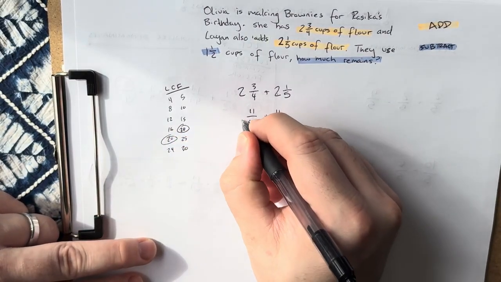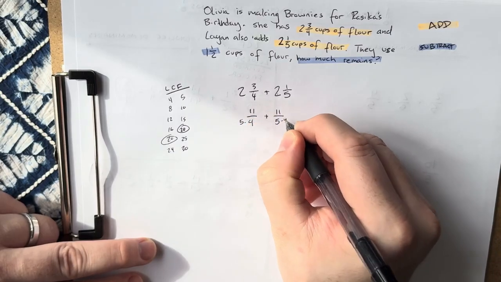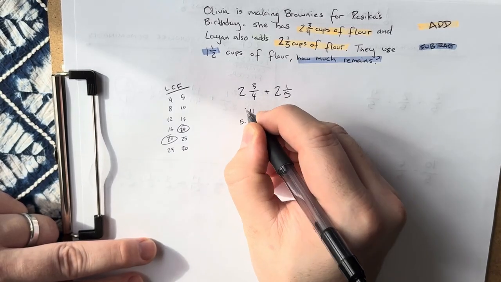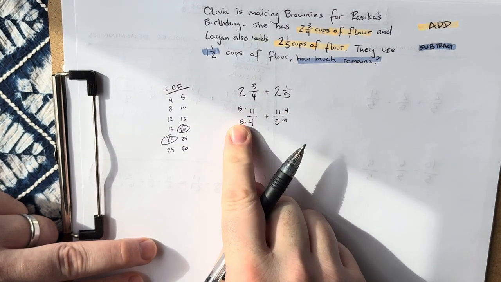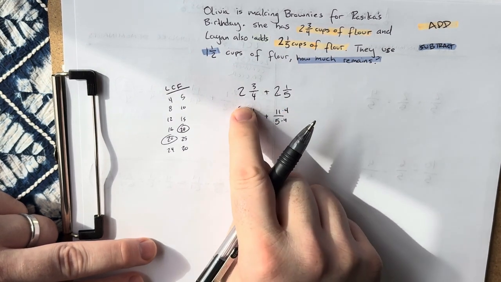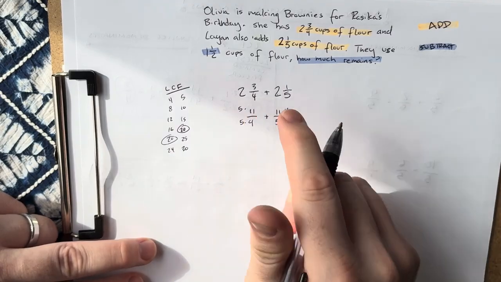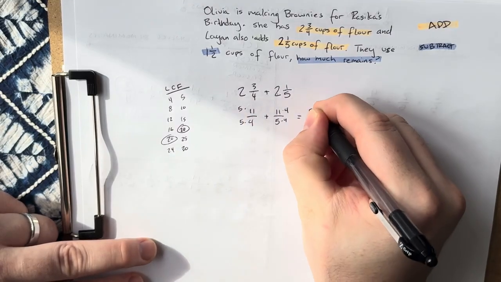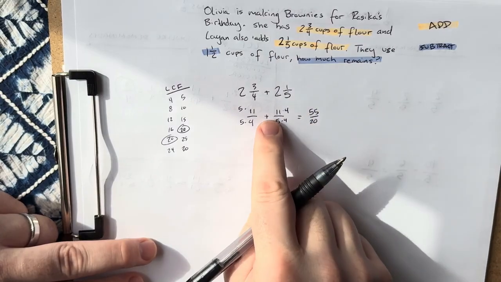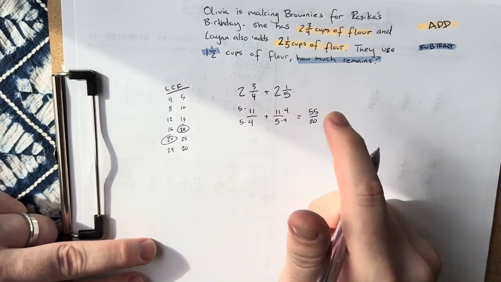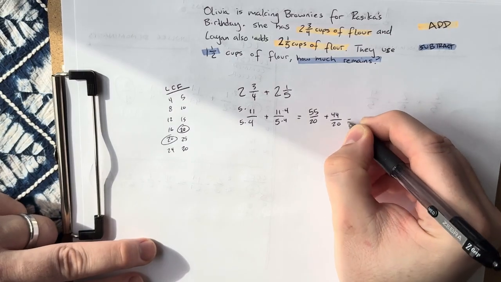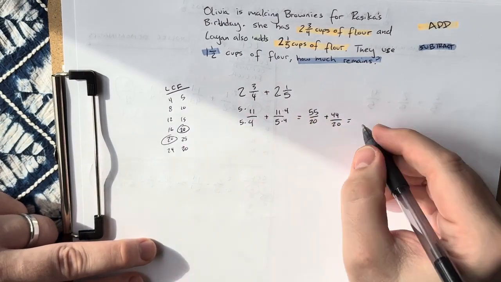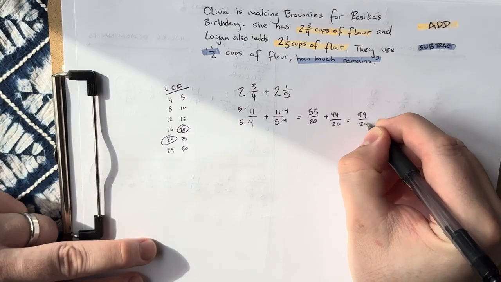All right, so just so happens this works out this way of how we get our denominator to the same number. So 4 times 5 is 20, do the same to the top, okay? So this becomes 55 over 20 plus 44 over 20. All right, 55 plus 44 is 99 over 20.